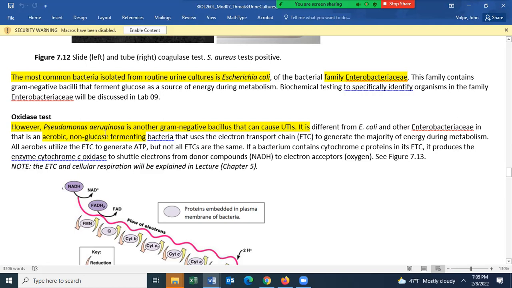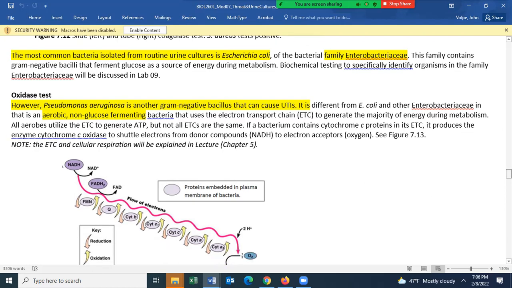How we can separate the Pseudomonas from the Enterobacteriaceae is that the Pseudomonas do not ferment the sugar glucose, and they are all aerobic. The family Enterobacteriaceae are anaerobes. They will grow with aerobes, but they're also anaerobes. And they all ferment the sugar glucose.